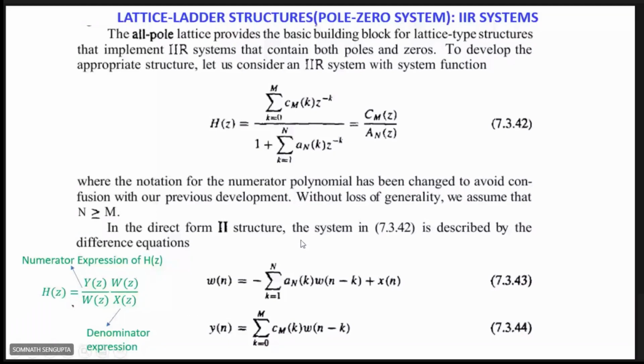So how is it implemented? H(z) is assumed as Y(z) by W(z), as we have done in the case of direct form structure, where we considered the numerator and denominator separately.